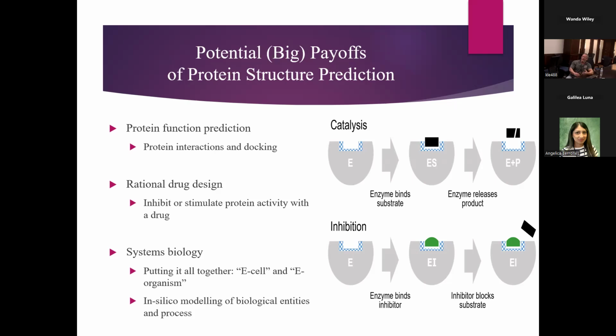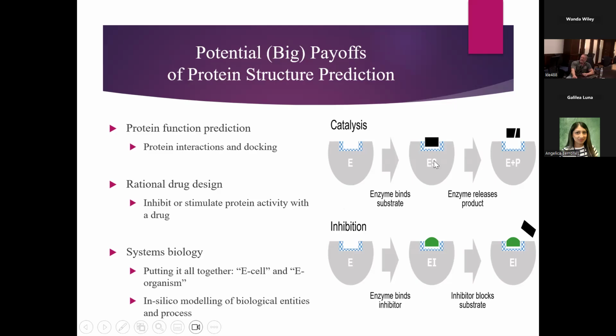And so that means all enzymes are going to have a unique three-dimensional shape that they have to maintain if they want to function. The way that enzymes function is that they have a small region within the enzyme protein that can accept a substrate, shown as this black box in here. So here's our E for our enzyme.